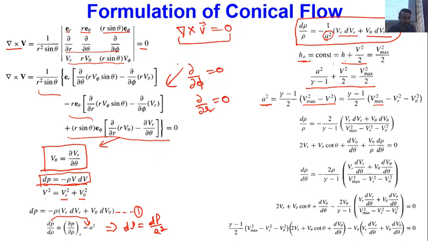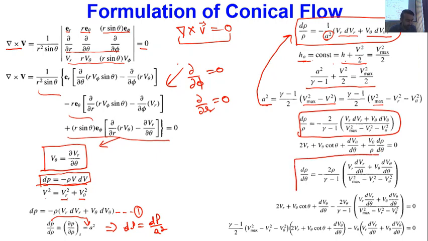So I will substitute this a square in my dp by rho, and then d rho by rho will become something like this. Now what I have done is basically divide this equation by d theta and do some algebraic manipulations in order to find the value of d rho by d theta.